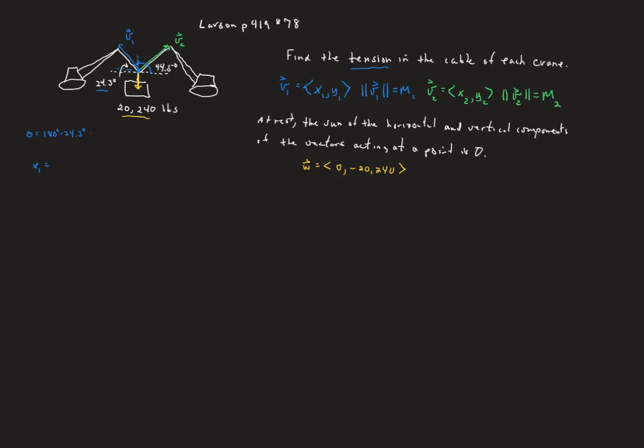And so that is 155.7 degrees. So, resolving our vector, x1, the horizontal component of vector V1, is going to be its magnitude, M1, times the cosine of its angle. Its angle is 155.7 degrees. The y1, the vertical component, is going to be its magnitude times the sine of 155.7 degrees.